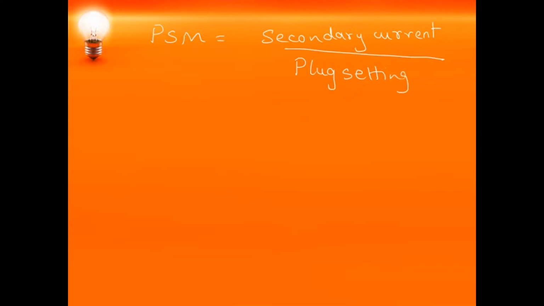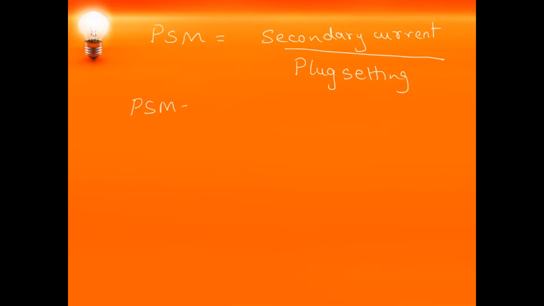So now we will find the PSM. PSM is the secondary current divided by the plug setting, or the relay current setting in amperes. Here we don't know the plug setting.